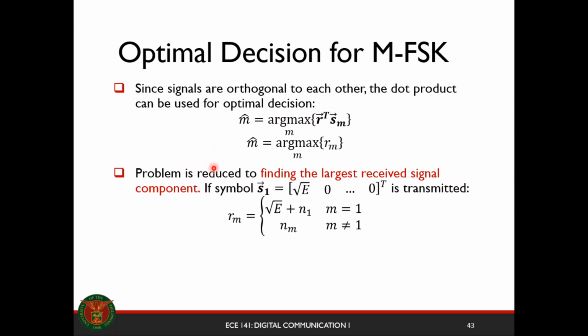So the problem is just reduced to the largest received signal component. For example, if S sub 1 is transmitted, then the received signal would have the maximum value at the first component.